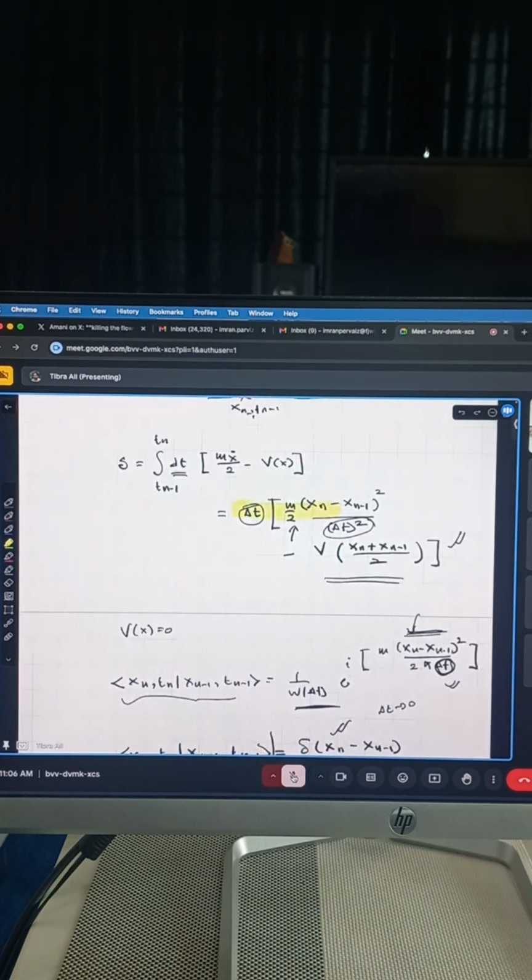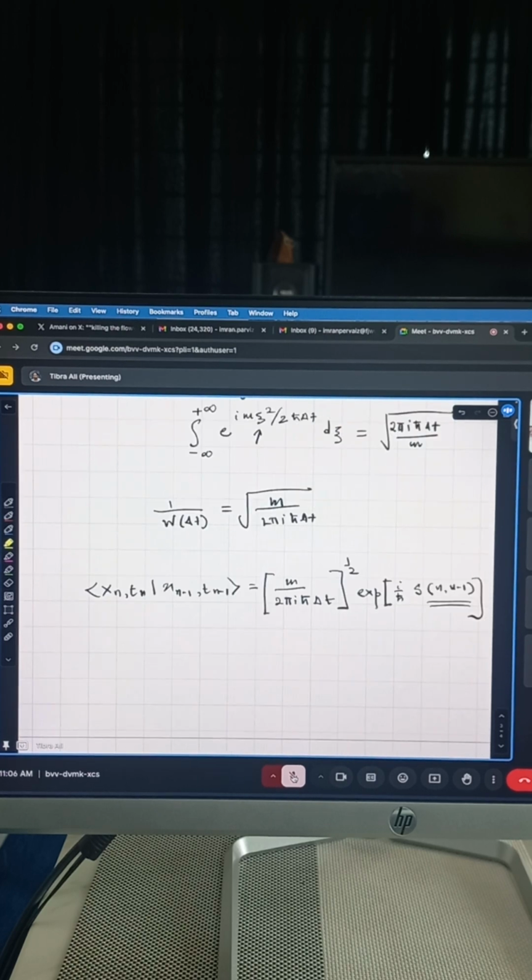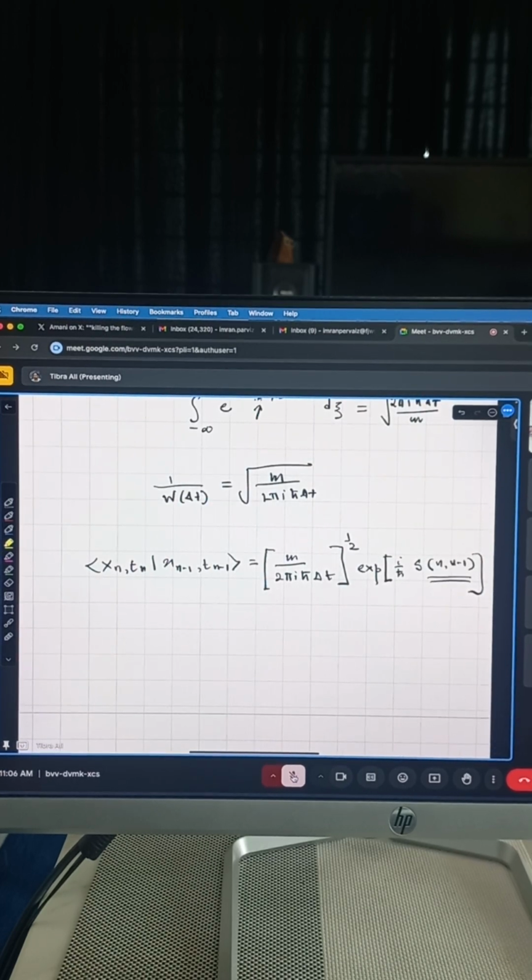So now we can put all of this together in our expression for the finite propagator, the propagator that is for a finite time interval. So we have x big N, t big N, x1, t1, and now we take the delta t going to 0 limit, which is the same thing as n going to infinity limit, and there's a normalization, m over 2 pi i h bar delta t.